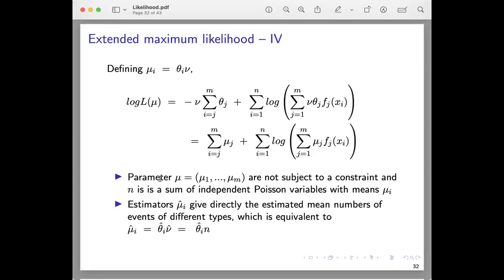And here these estimators mu I can directly give the estimated mean number of different types of events that you expect, which is mu I times theta I times mu. So mu hat is the total number of events, but you can imagine mu I as contributions from different types of events.